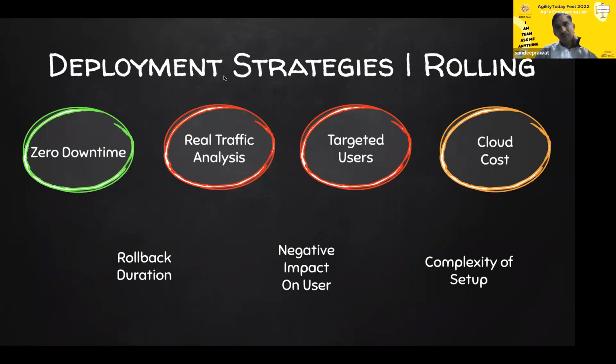You don't have to roll back the new version in a way, because the previous one is there as the backup. Raki, just one point I would like to add: with this rolling deployment, you are not controlling it. It will happen. For example, the car is in auto-driven mode. So it is auto-driving. It's not like you are driving it, where you can put a brake and all those things that you cannot do.